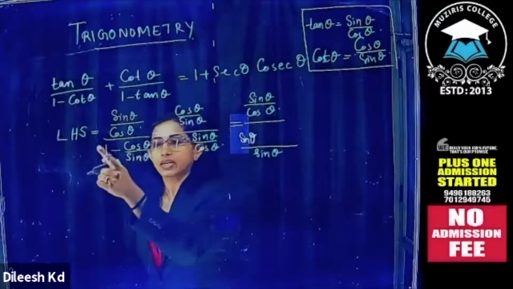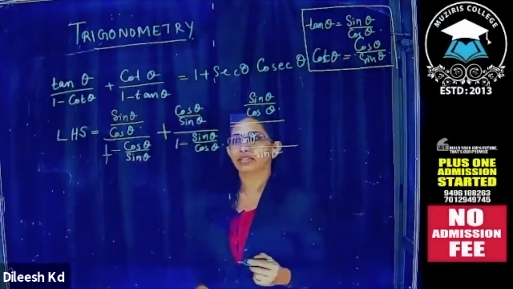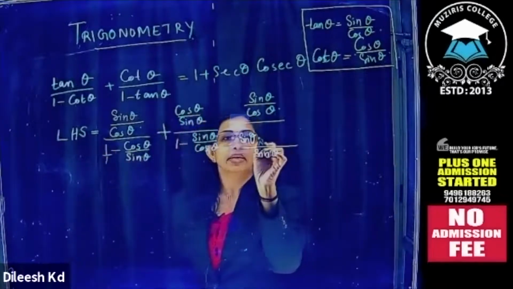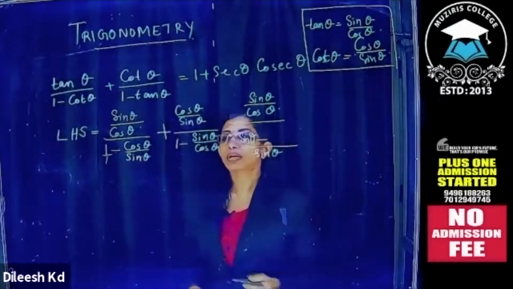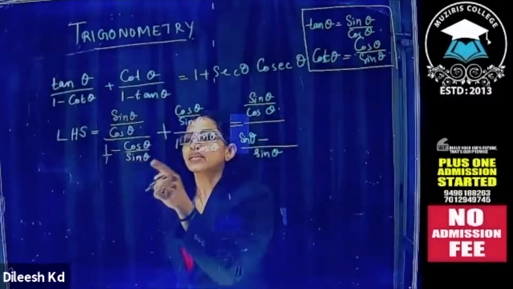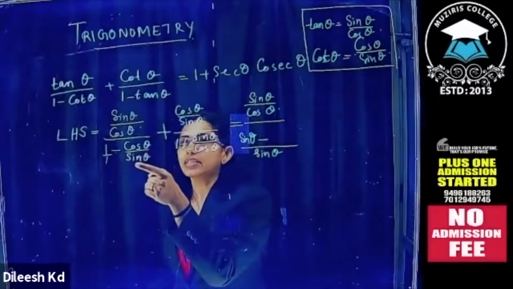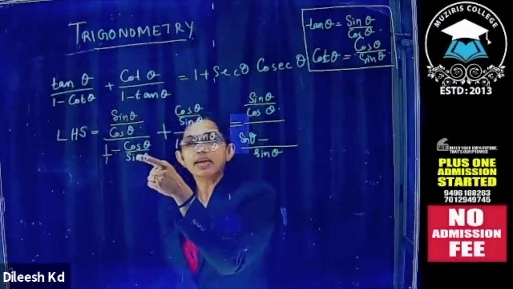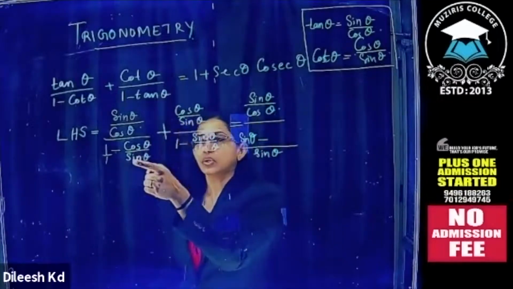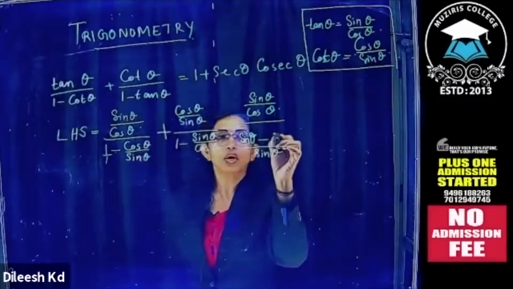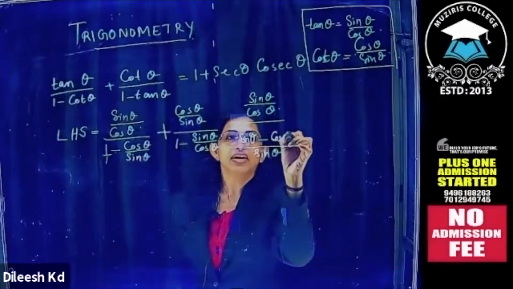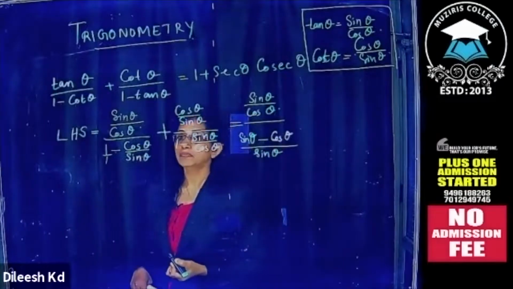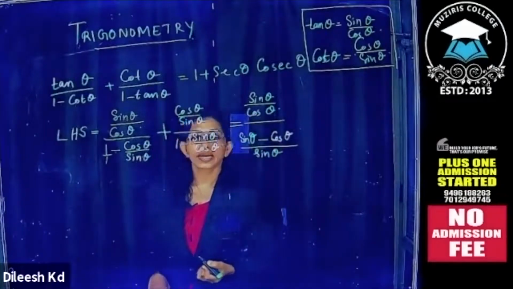Then there is minus. Here there is no change of the denominator, since sin theta was already the denominator, so the numerator part has no change. That is cos theta itself. Is it clear?